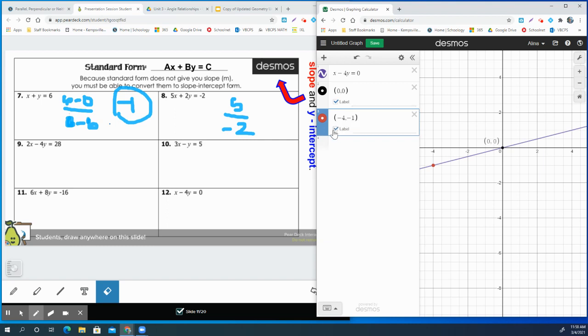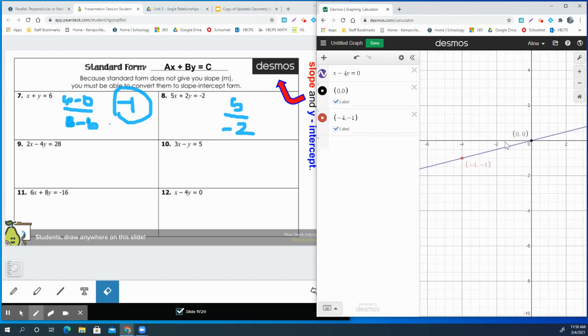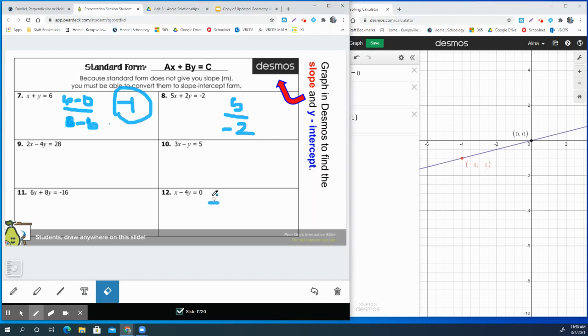So what's my slope here? Is it going to be positive or negative? Positive. So if we do y minus y, 0 minus -1 is 1. And then 0 minus -4 is 4. Yeah? So can we find slope from equations using the graphs?